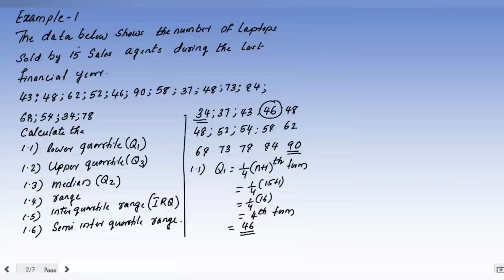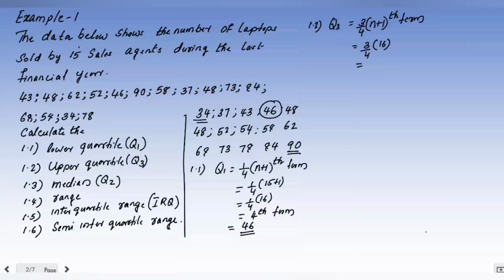Now the next one is the upper quartile, Q3. That is 1.2. What is the formula? Q3 is 3 over 4 times (n plus 1). That is also the direction towards the answer. N plus 1 is 15 plus 1, that is 16.